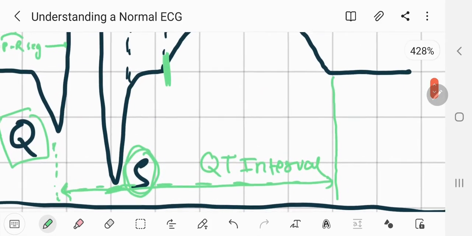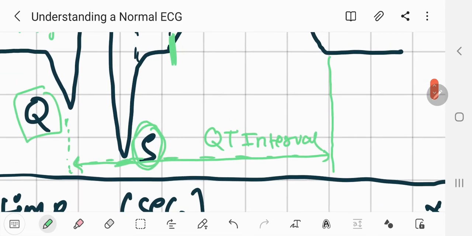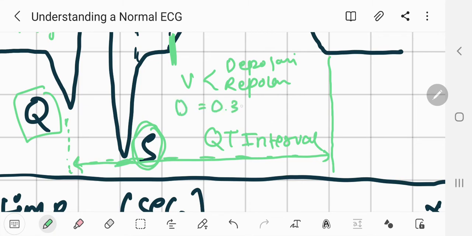Now, why is the QT interval important? This is the total time taken by the ventricles to depolarize and repolarize. So it includes both ventricular depolarization and repolarization. That means complete activity of the ventricle is seen in the QT interval. Now, the duration of the QT interval is 0.35 seconds to 0.43 seconds. Okay, now this was a little messy.